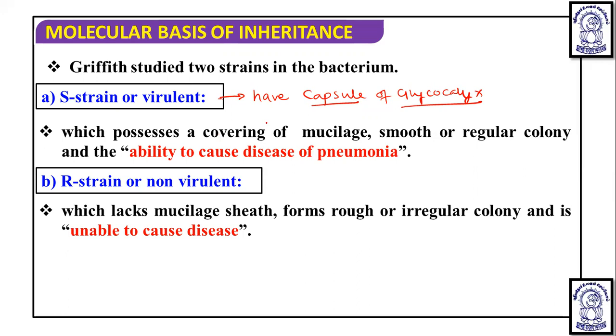If it is a capsule, they produce smooth, well-shaped colonies, and the capsule has virulence. But the R strain has a slime layer, which does not give a perfect sheath, and because they lack the mucilaginous capsule, they form rough or irregular colonies and are unable to cause disease.